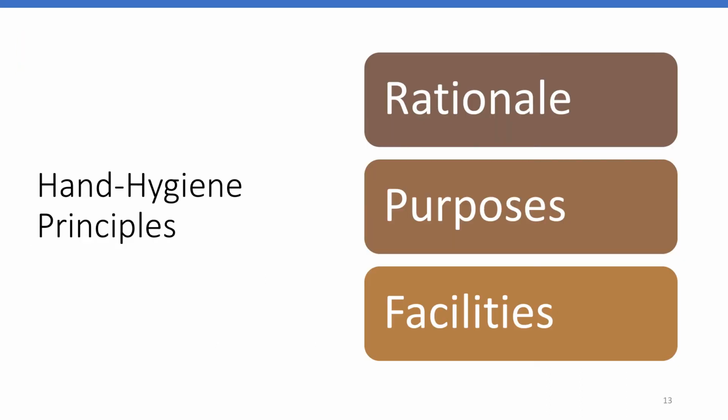Okay, rationale, purpose, and facilities. Hand washing principles. Rationale: it prevents the spread of bacteria, right? So this is one of our biggest breaks in that cycle of infection and transmission, I should say. You want to remove the surface dirt and transient bacteria.